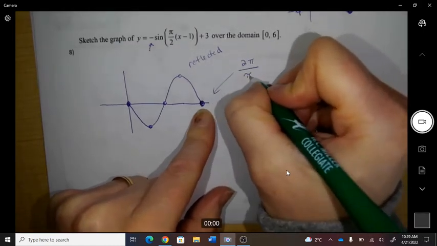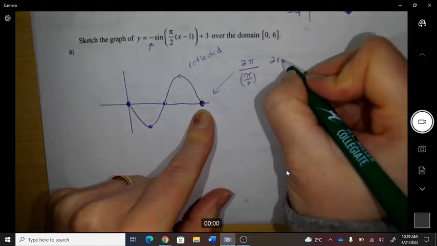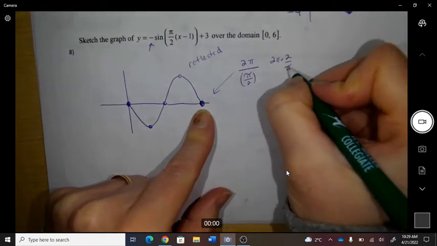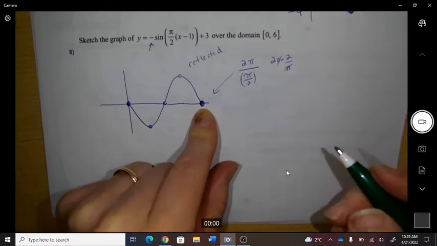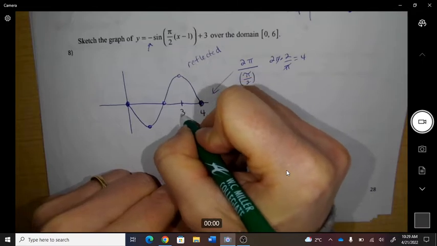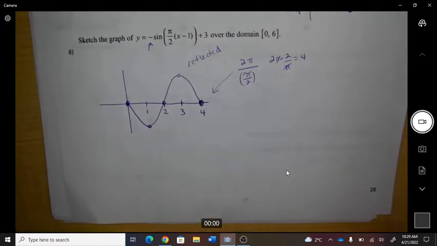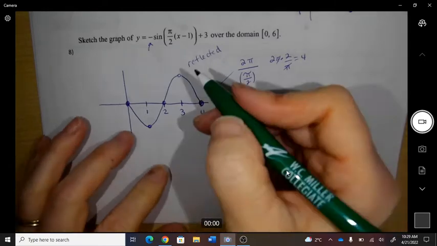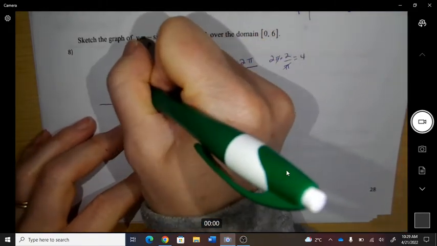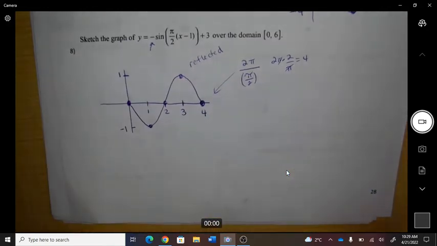I'm going to divide by pi over 2. In math, that would be multiply and flip. So that is a 4, which means that's a 3, a 2, and a 1. And there was no vertical stretch, just a reflection, so that's a 1 and a -1 on the heights.